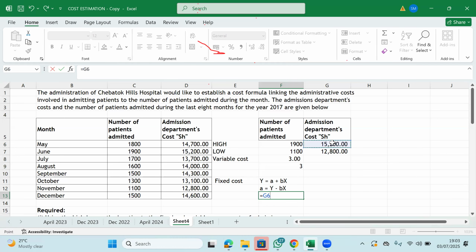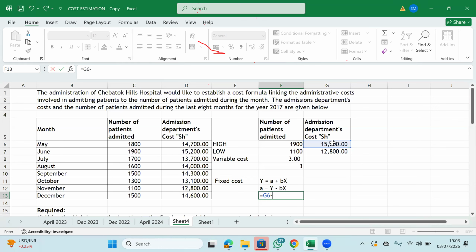Of course, our Y will be 15,200 minus B. What is our B? B is our variable cost, which we've already calculated.